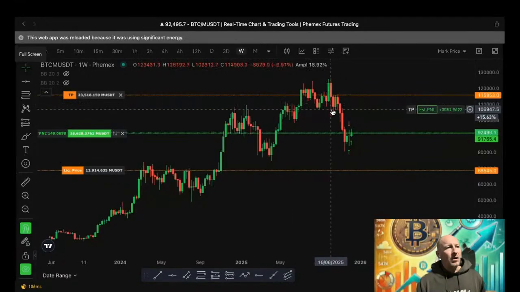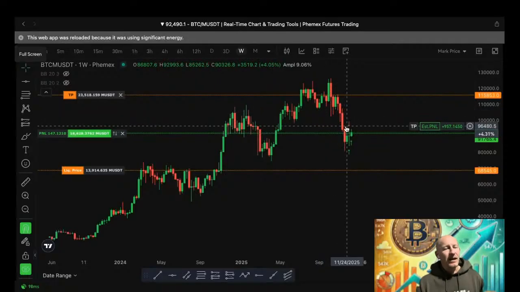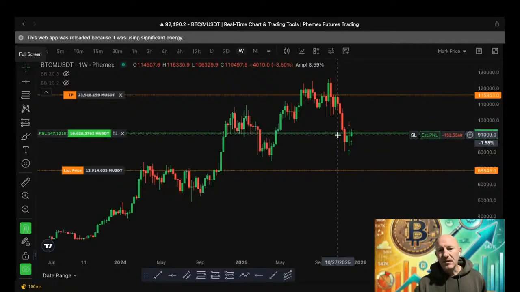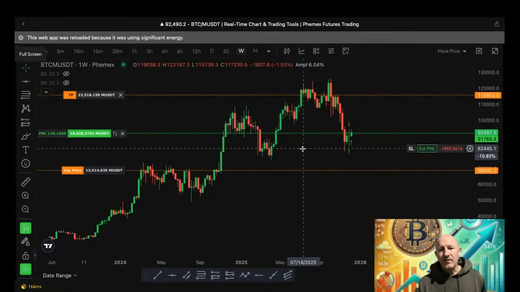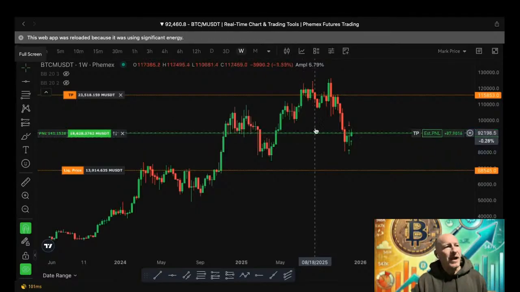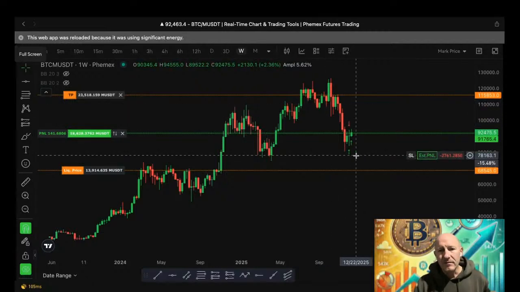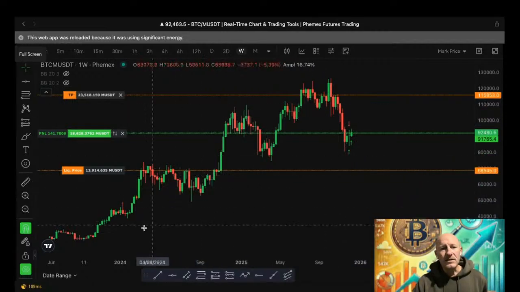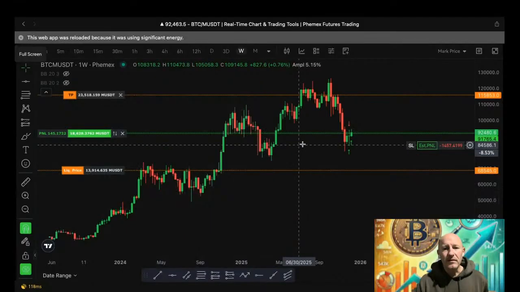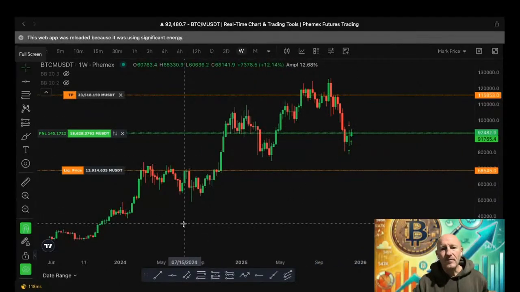See here, it took 2, 3, 4, 5, 6, 7, 8 weeks of red candles. But if you go to the daily, that's over 50 days. So when you zoom out, it's a lot cleaner. It's only 7 red candles.